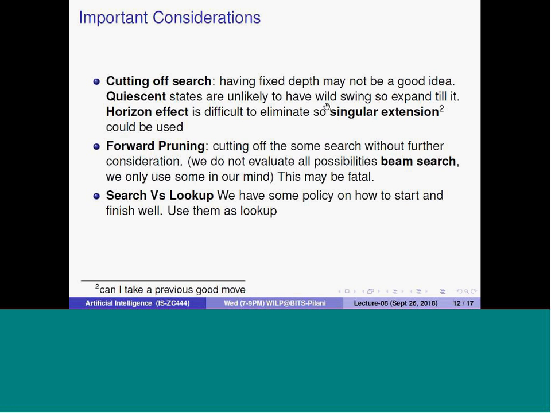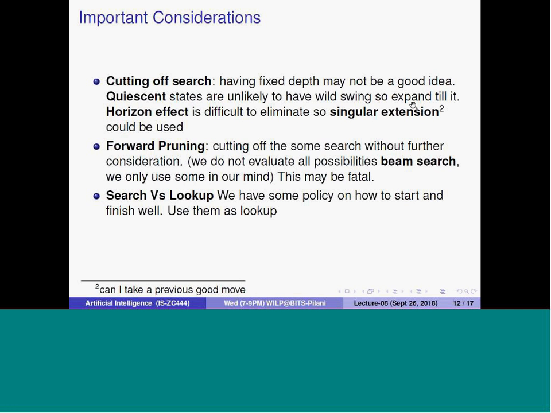There could be board positions where, for example, your king is under attack, and now you have to decide whether you would lose some pawn or some other piece, or what you have to do. Those are actually difficult states. States which have very little chance of such swings are called quiescent states.